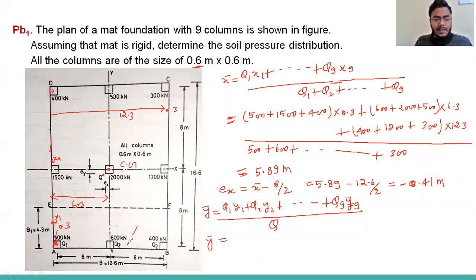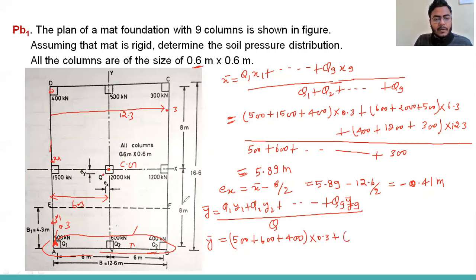These 3 loads are at the same distance, so I will write them together: 500 plus 600 plus 400, and the distance from here is 0.3, plus.